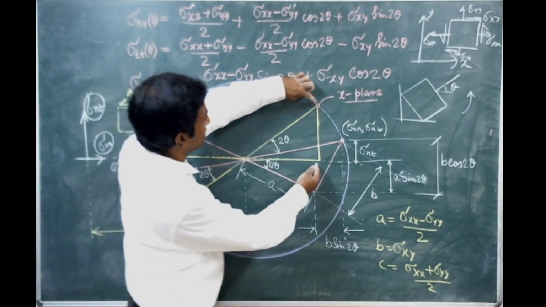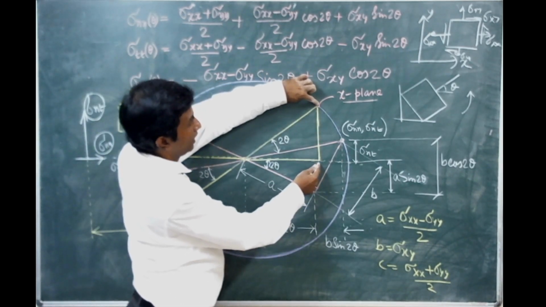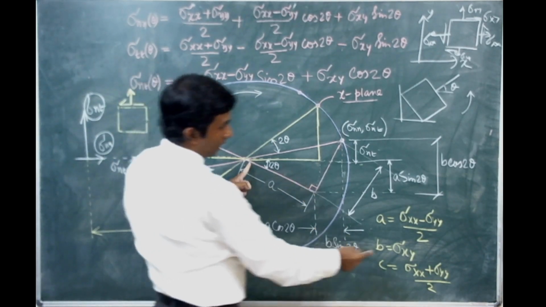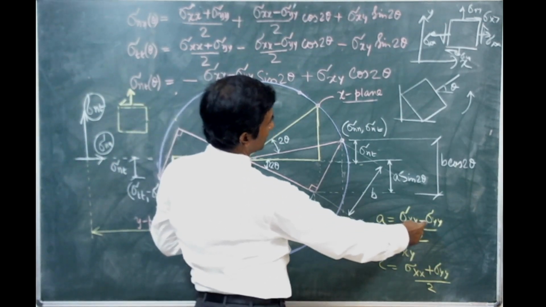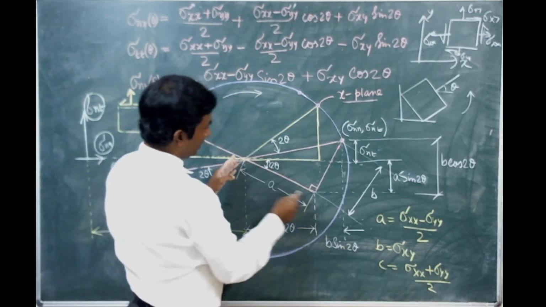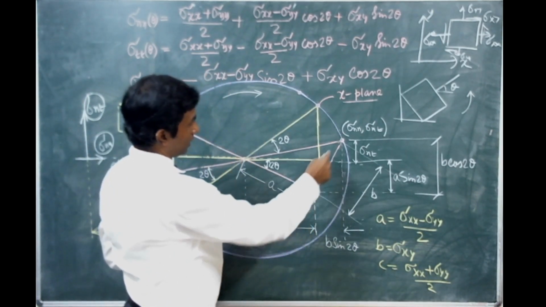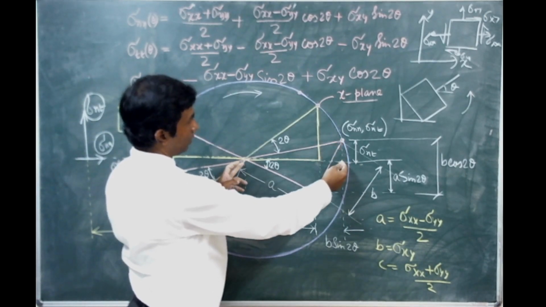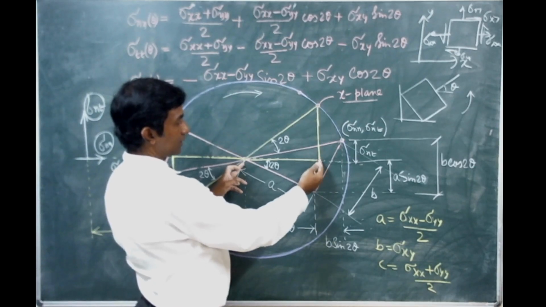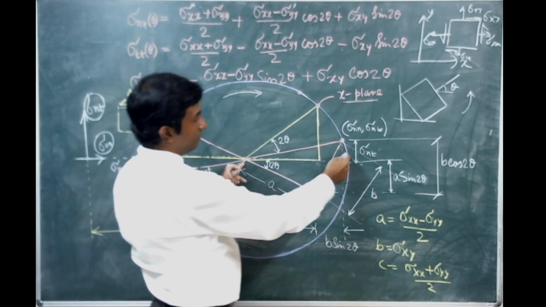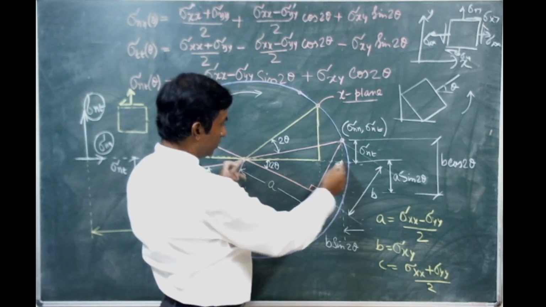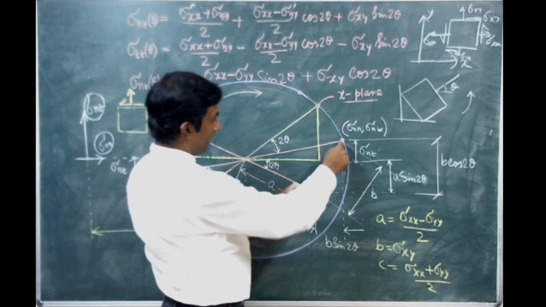Now this magnitude is sigma xy and this magnitude is half of the difference, (sigma xx minus sigma yy) by 2. If you rotate it, you have a different projected component. Initially the projection of this point on the horizontal axis was this much. Once you rotate it, it becomes larger. How much is that value? You have to consider these two legs.